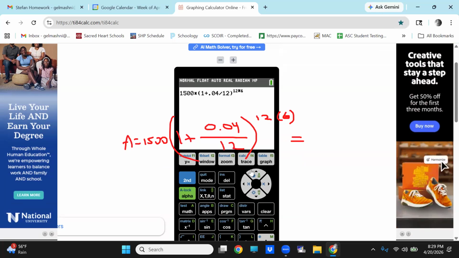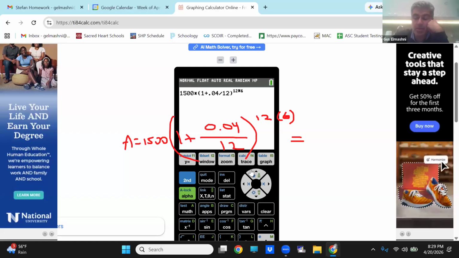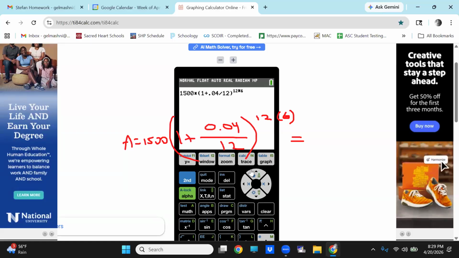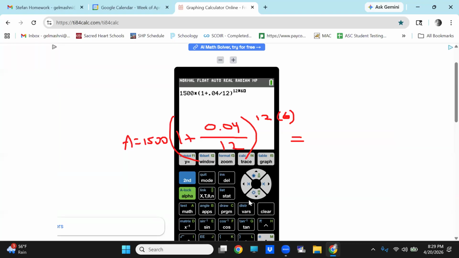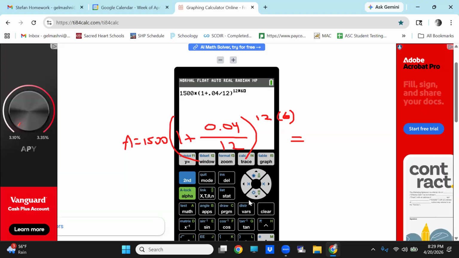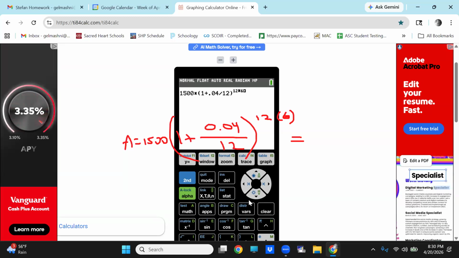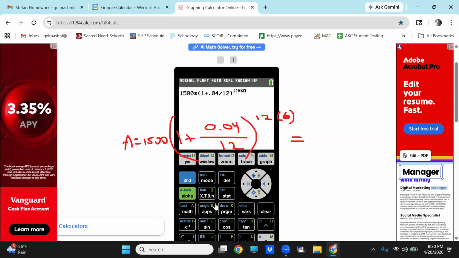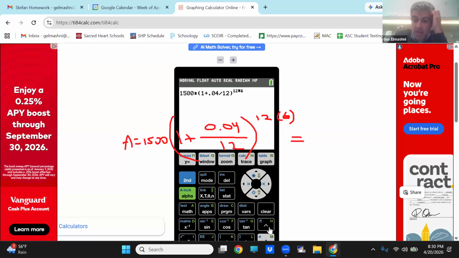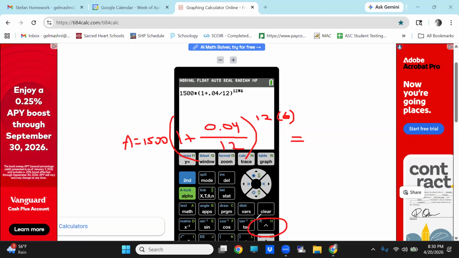Wait, where do you get the slash? The divide symbol. Wait, so how would I get it to the sixth power? 12 times 6. You hit the exponent button, which is right below clear, right there.